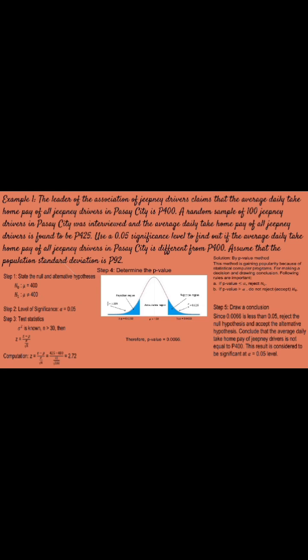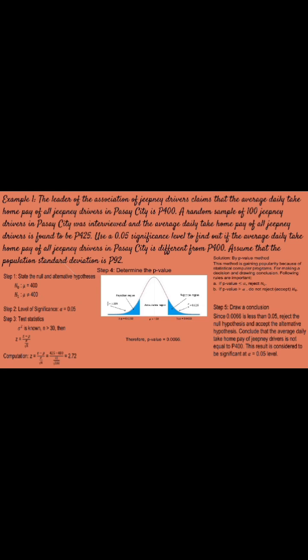And the corresponding value is 0.0033. Since it is two-tailed, we have the area on the left and the area on the right, so we're going to add both shaded regions. 0.0033 plus 0.0033, the total area or the p-value is 0.0066.